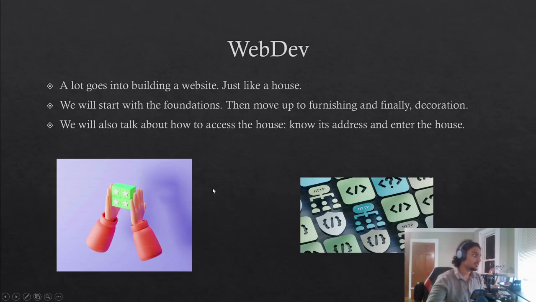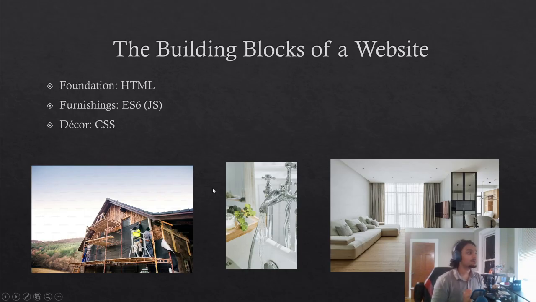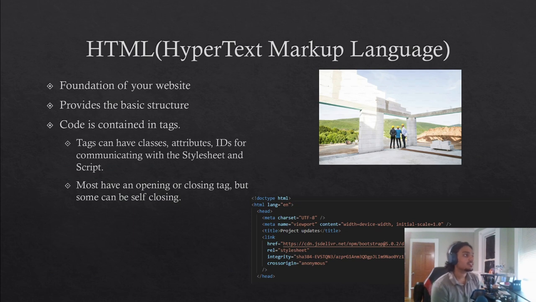Moving on to the building blocks of a website. Your foundation and structure is HTML. The furnishings and fixtures are ES6 JavaScript, and your decor is CSS. HTML stands for Hypertext Markup Language, which is the foundation, as I mentioned.